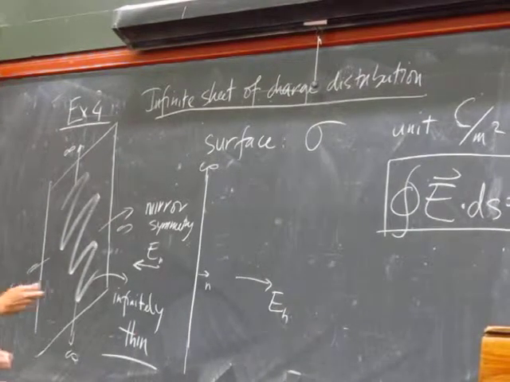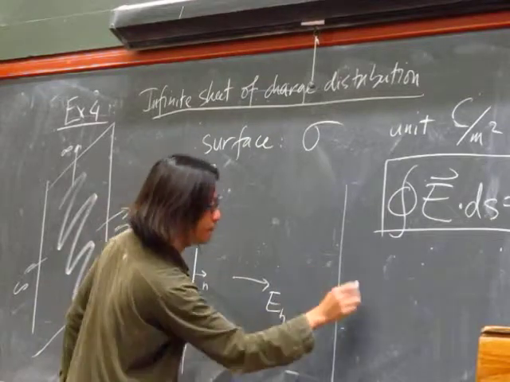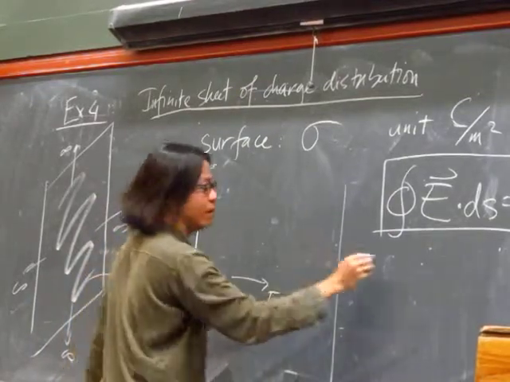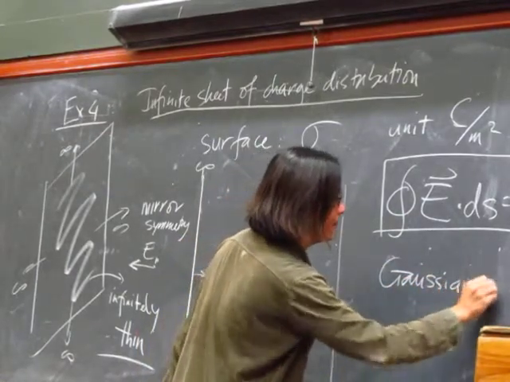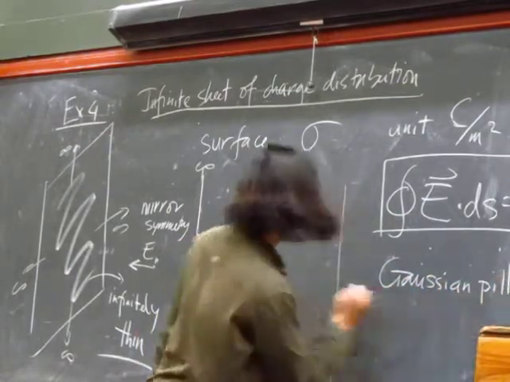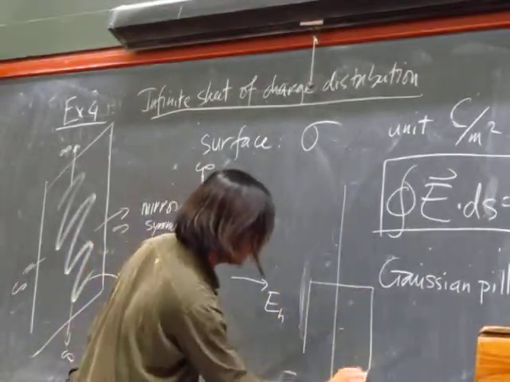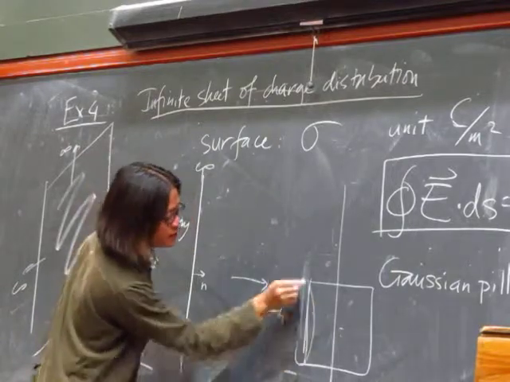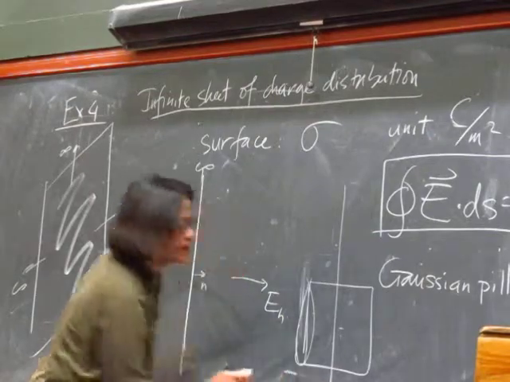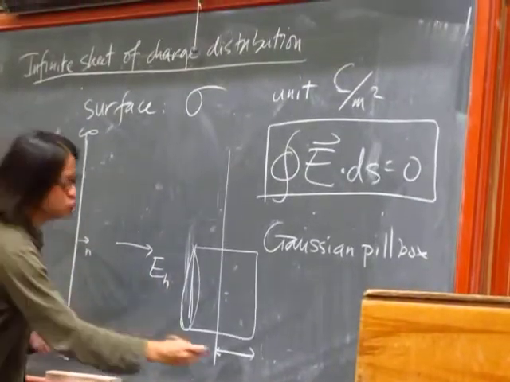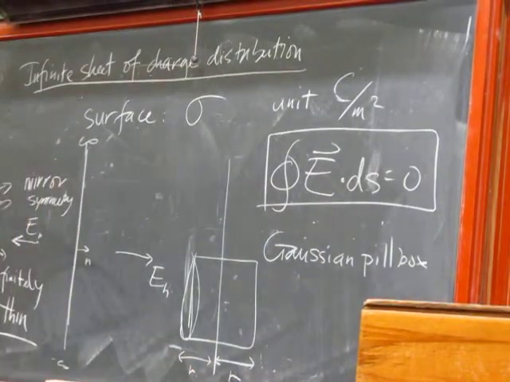So when I have that, then you can construct, again, a Gaussian box. It's actually a cylinder, a pillbox. The length of the pillbox is 2r, so it's r here and r here.